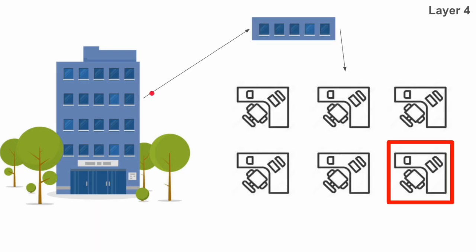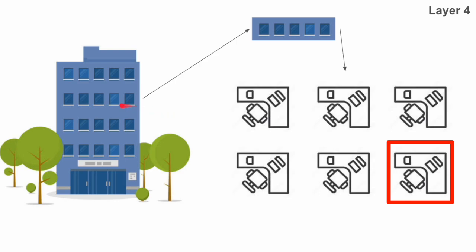So this is layer 4, the transport layer. I'm using an analogy here. Layer 3 will make sure that the data ends up in the right city. Layer 2 will make sure that it ends up in the right building. Now this is where layer 4 comes in.